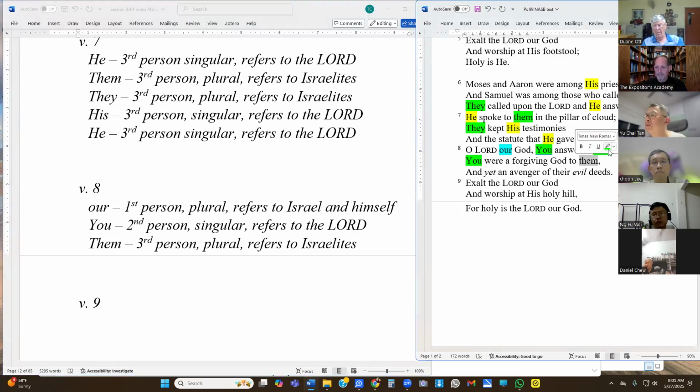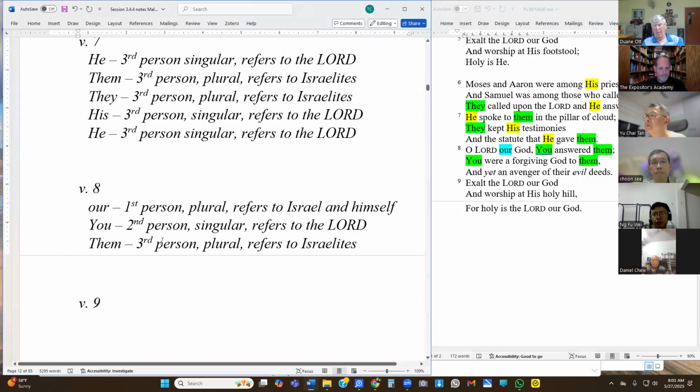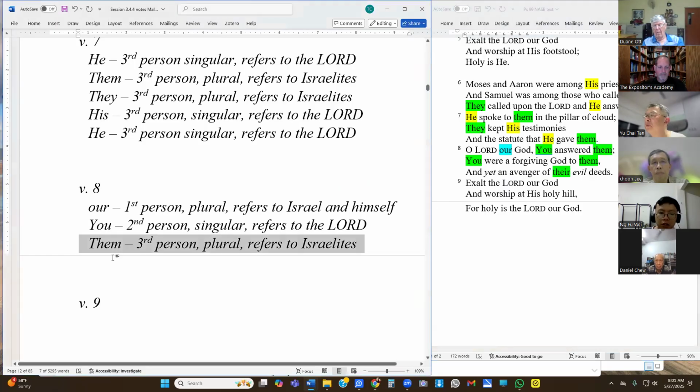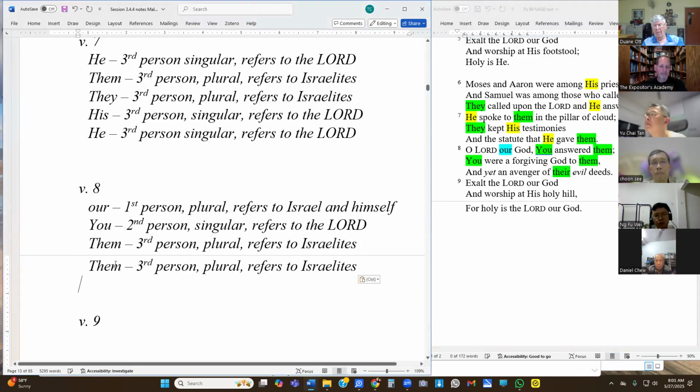Them is third person plural, refers to the Israelites. And "their" is third person plural and refers to the Israelites. Good.